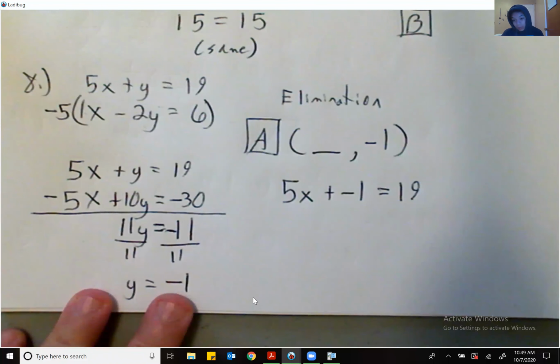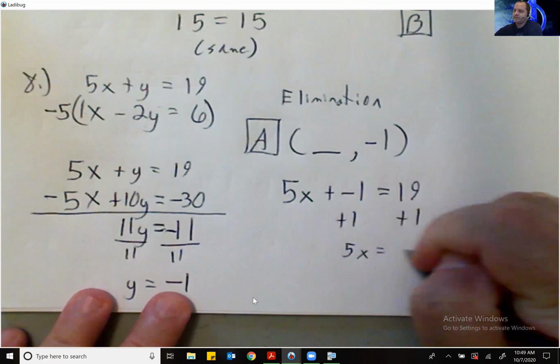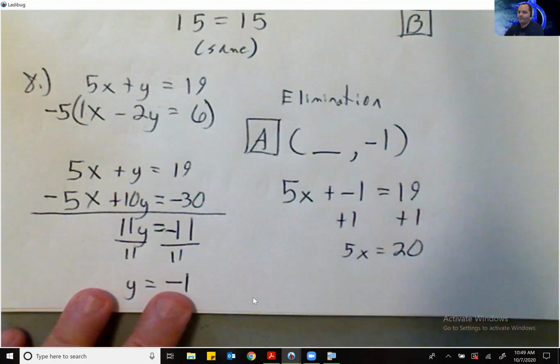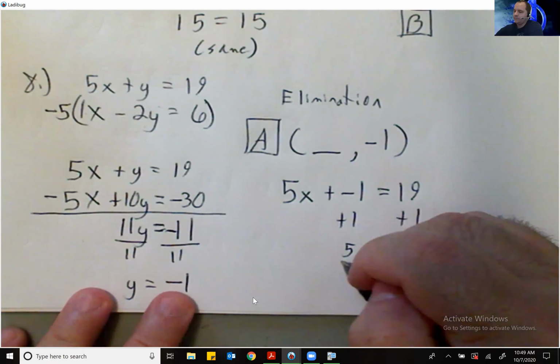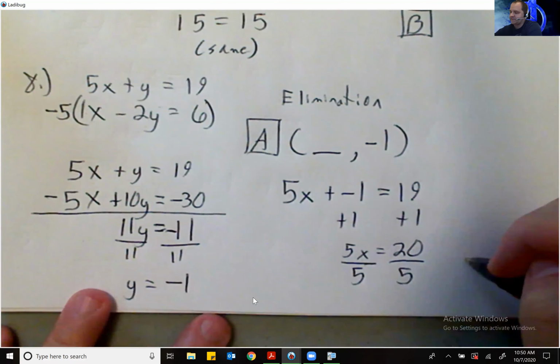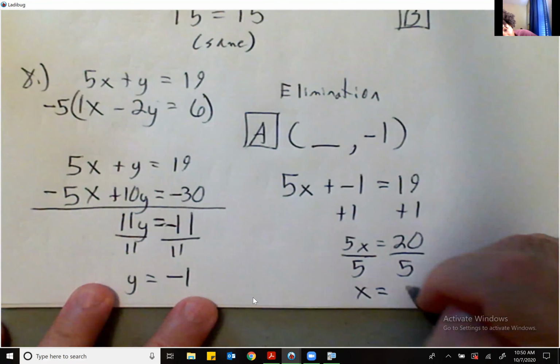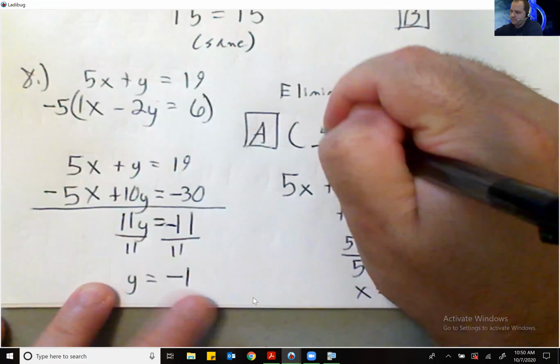So we get 5x equal to 20. Then what? Divide both sides by 5. There we go. You guys got it. Divide by 5, and we now find out that x is equal to 4. Now you know the answer. 4 comma negative 1.